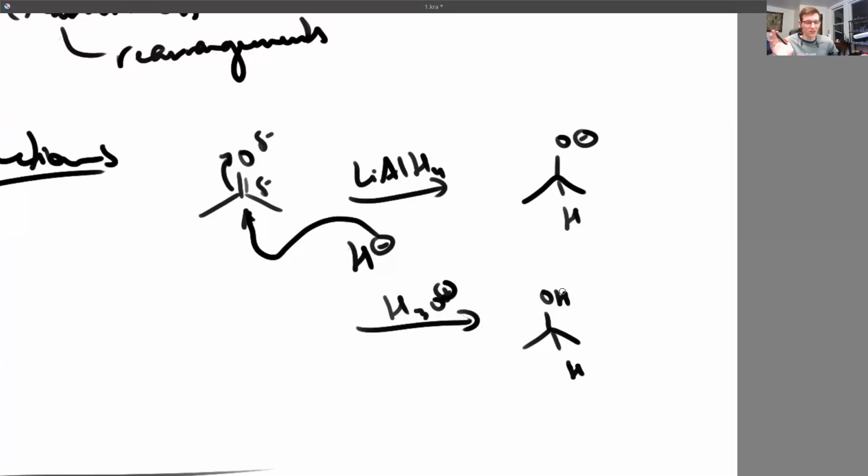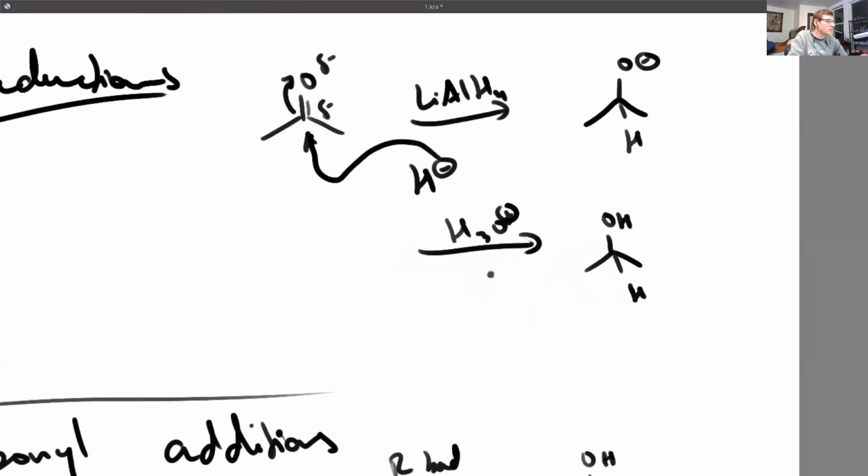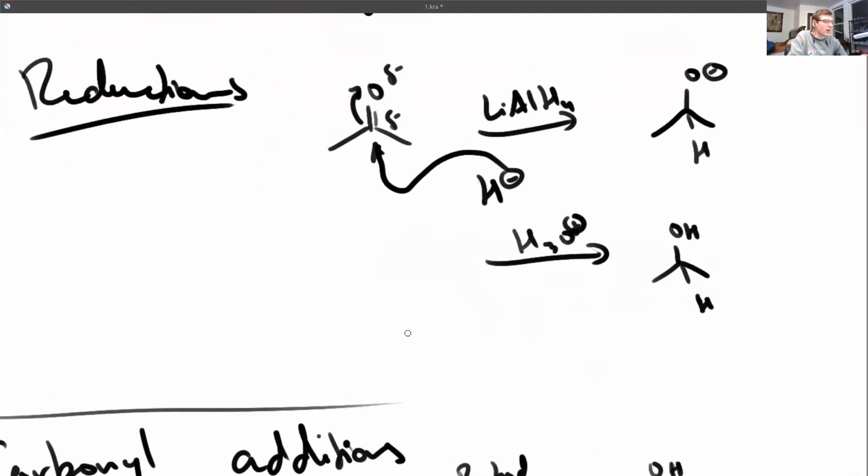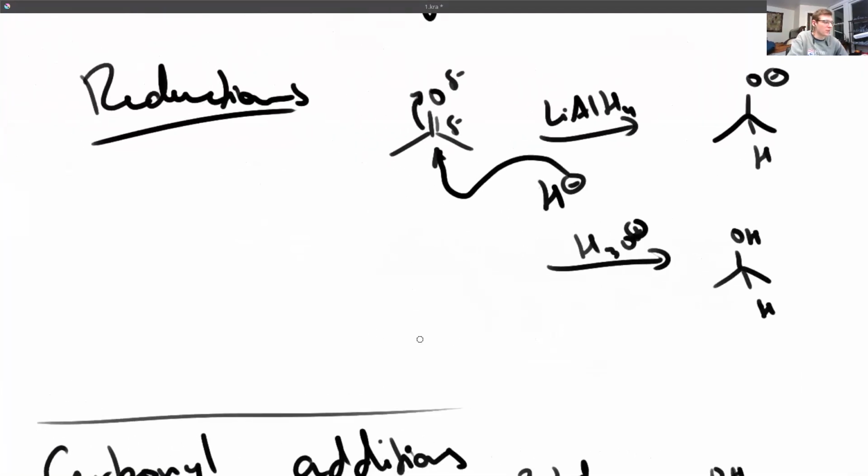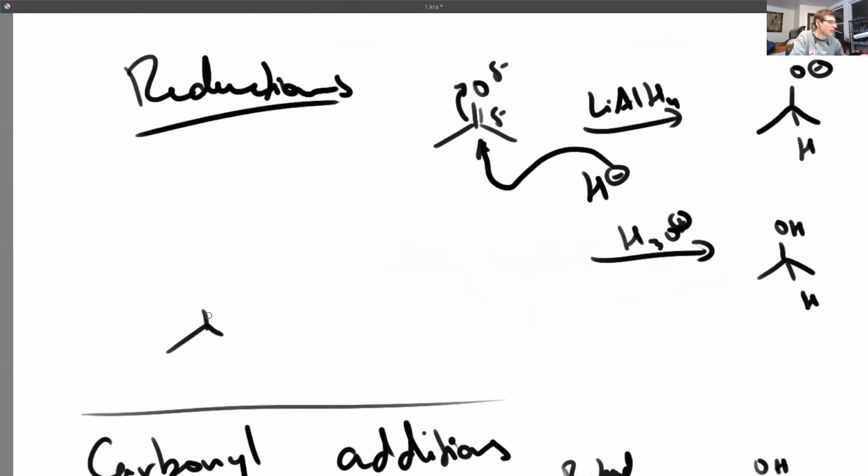This mechanism isn't super profound, right? You might not think this is life-changing. The reason that I write it out is because every once in a while you'll see a problem that looks something like this. Let's make it a little bit more advanced and say we have a carboxylic acid now, and we give it a whole bunch of lithium aluminum hydride.